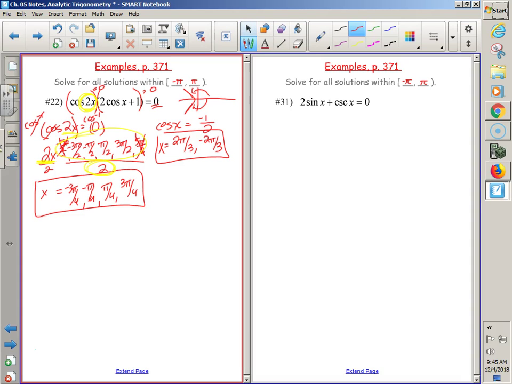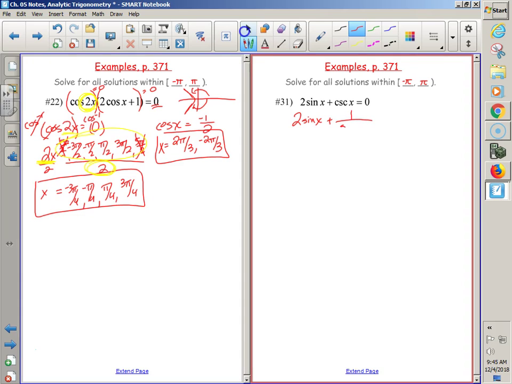But this one, not factors. What do you think we better do just to make it possible? I think we better maybe get a common denominator after changing cosecant. And then uh-oh, there's a division, guys. What do we do?